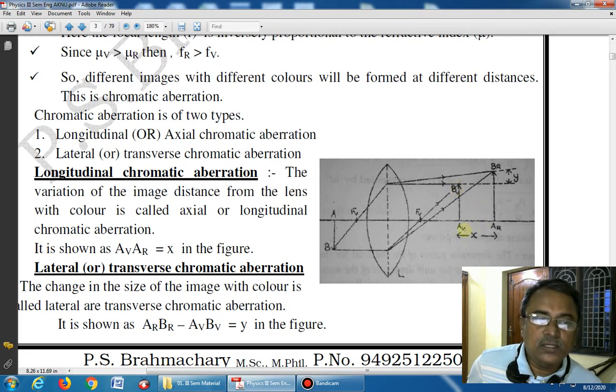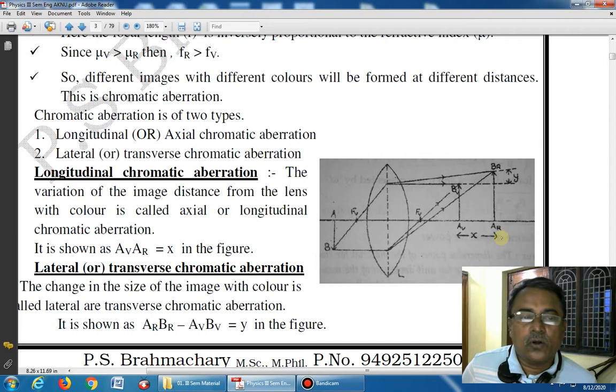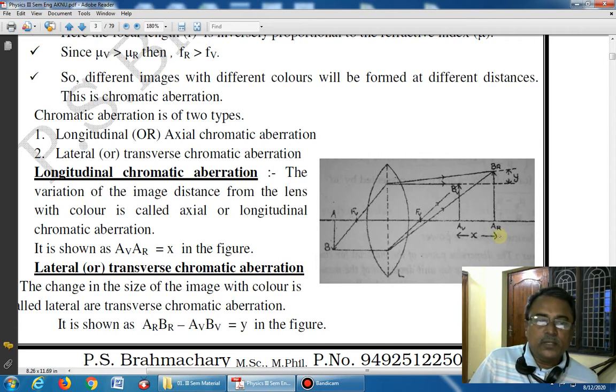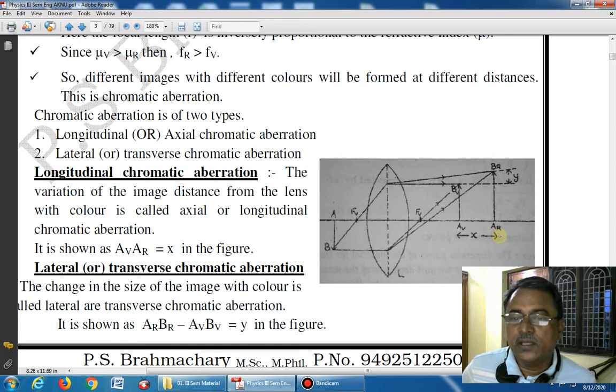Then the distance between these two images, that is AV and AR, is taken as x. This distance is called the longitudinal chromatic aberration. Here longitudinal means parallel to the axis. So, it is also called the axial chromatic aberration.